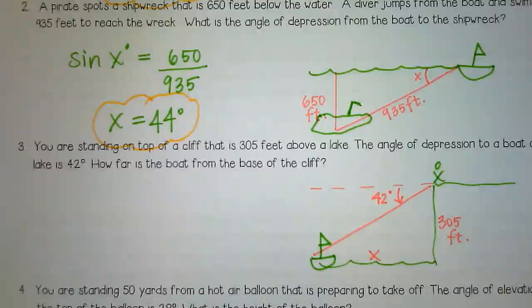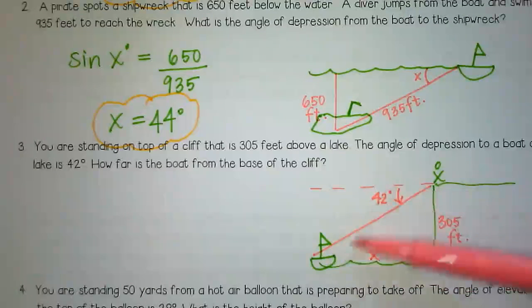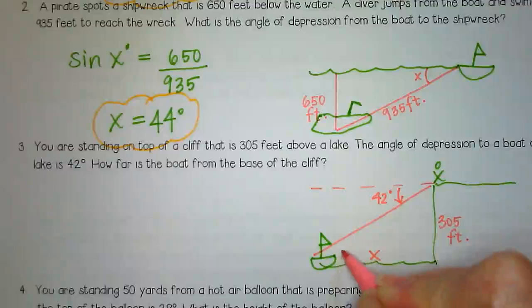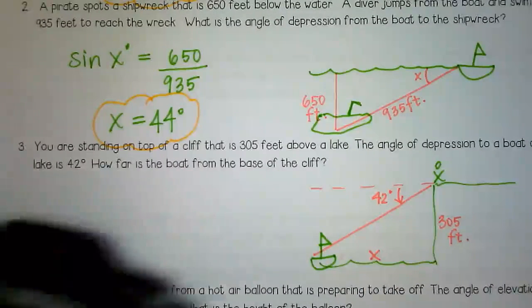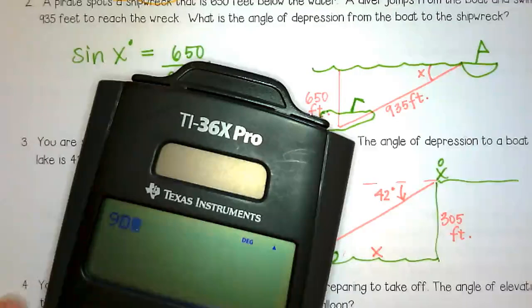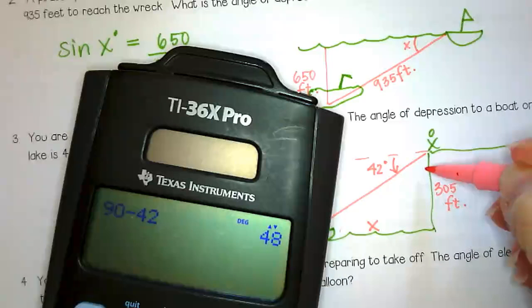All right, so two things can happen. We can either keep in mind that the angle of depression and the angle of elevation are the same because those are alternate interior angles, so we can use 42 degrees down here. The other thing we can do is take 90 degrees and subtract 42 degrees, and that will give us the angle up in this part right here.